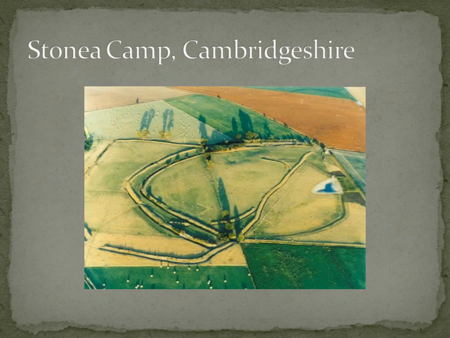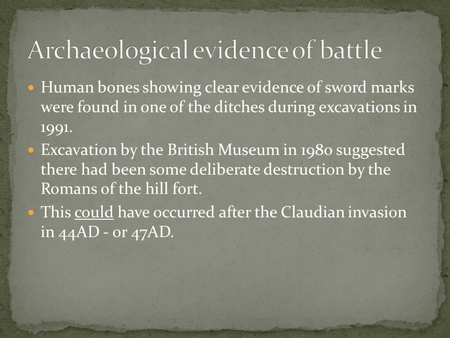The First Iceni Revolt, the hill fort that is referred to, or the place where this battle is possibly, Stony Camp in Cambridgeshire. We don't have a definitive location for it, but some archaeologists argue that this is a good possible site for the final battle.